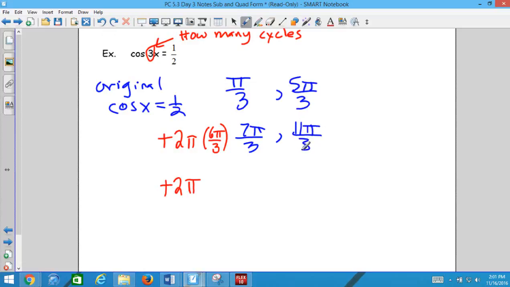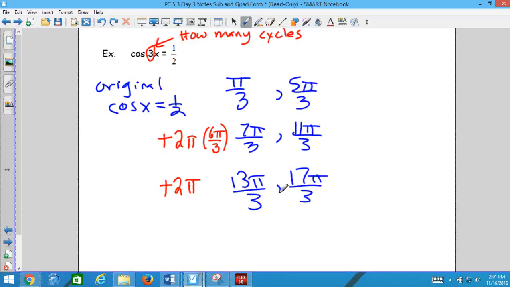And then I'm going to add another 2 pi, because we're going to add another rotation on, another cycle. So for here, I got 6 pi plus 7 pi over 3, so 13 pi over 3. And then 17 pi over 3. So those would be my originals. That would be 3 full cycles.